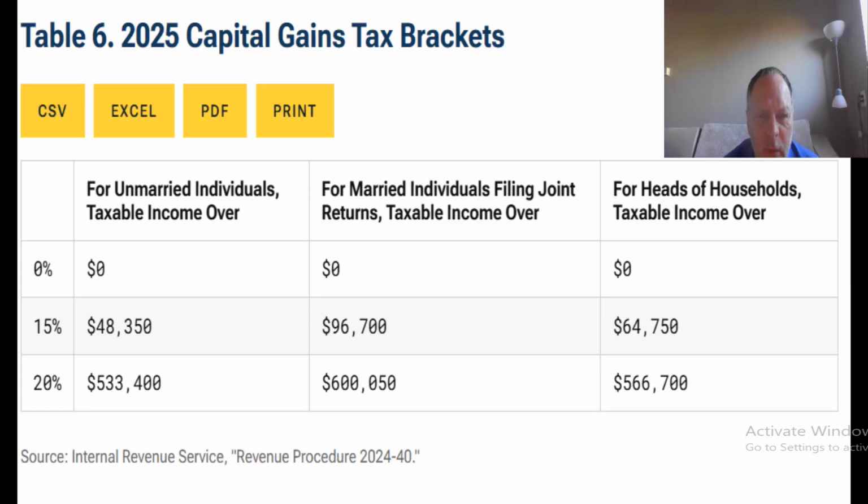Above that, they will pay a 20% rate. You can see here there is, again, a marriage tax penalty. For heads of households between $64,750 and up to $566,700, they pay a 15% rate. And above the $566,700, they pay a 20% rate.